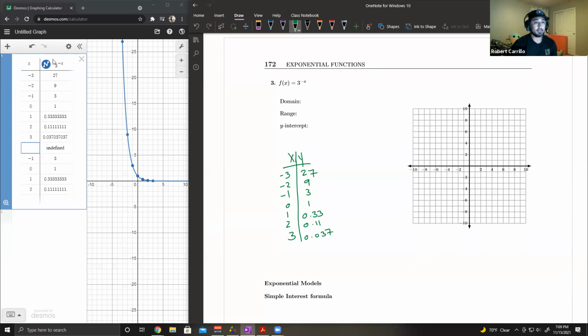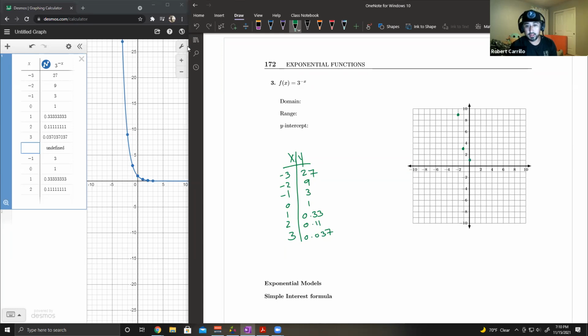Okay. So we're not going to be able to fit -3 and 27 on here, but we can fit -2 and 9. So -2 and 9, and then -1 and 3, and then 0, 1, and then 1 and 0.33 or 1/3.